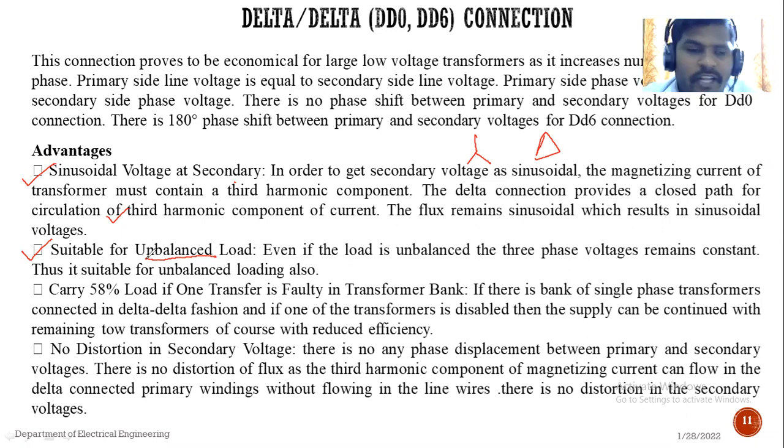Can anyone tell me any example of non-linear load? Non-linear load चे example कोण सांगू शकेल का? What is meant by linear and what is meant by non-linear? First of all, tell that non-linear आणि linear.